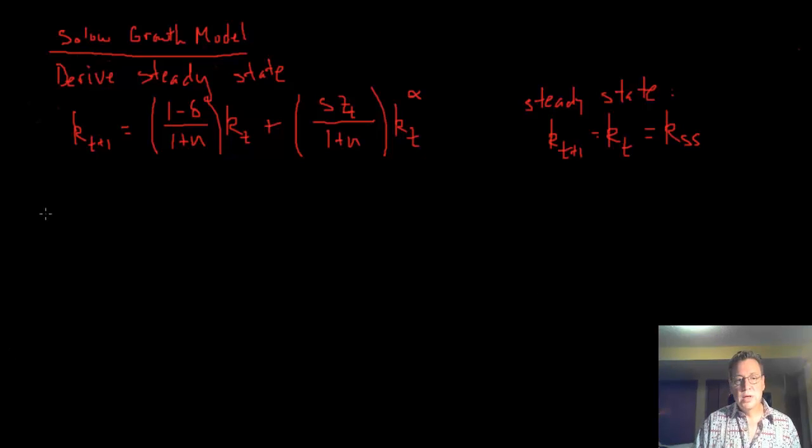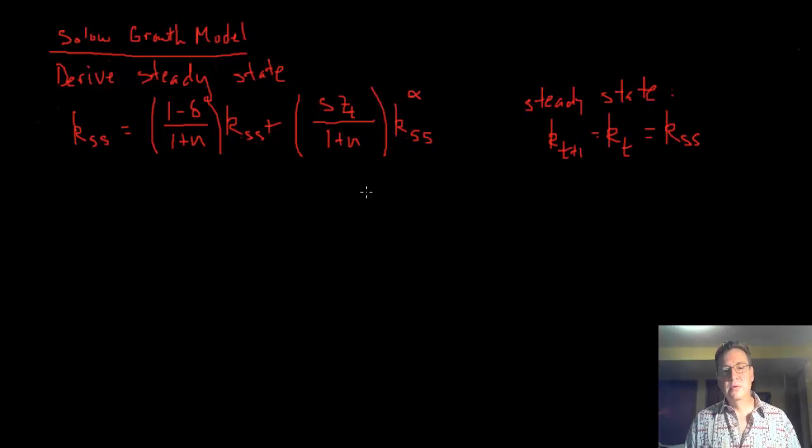So what we're going to do then is just replace all of these k's with k_ss. So I'll use my handy dandy eraser. I'll just write in ss, ss, ss, ss, ss, ss.